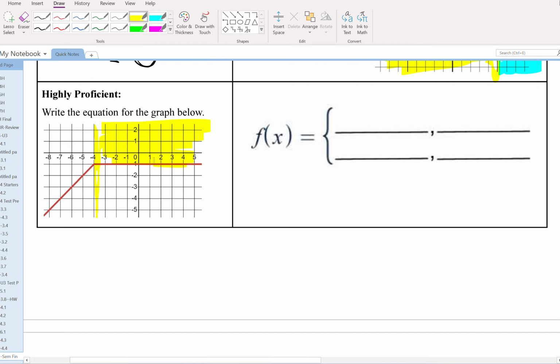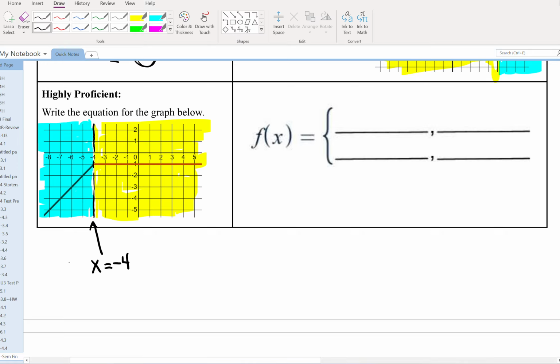All of this side, and then you have, let's say, all of this side over here. And if we want to move from the left to the right, either way, what we're going to look at here is the fact that this line, where the two pieces come together, is that point where x is equal to -4.